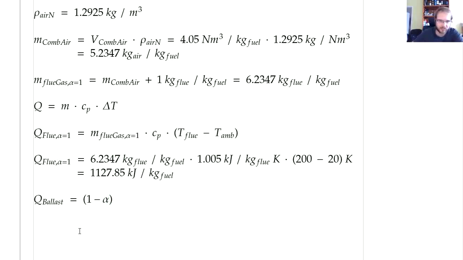This is the expression of the extra air, multiplied now by the amount of combustion air per kilogram of fuel, and again multiplied by the specific heat capacity and temperature difference.